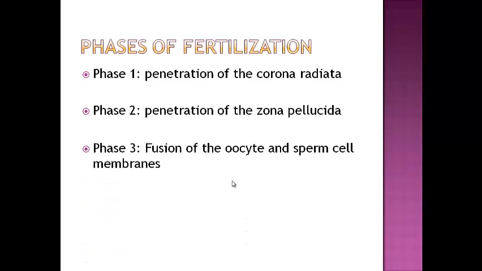And then the outer membranes of the oocyte and sperm cell will fuse together. And then the last phase is fusion of the nuclei of the egg and the sperm. So essentially it happens in 4 phases: penetration of all the outer layers of the ovum, then fusion of both their membranes, and then eventually fusion of the nuclei.